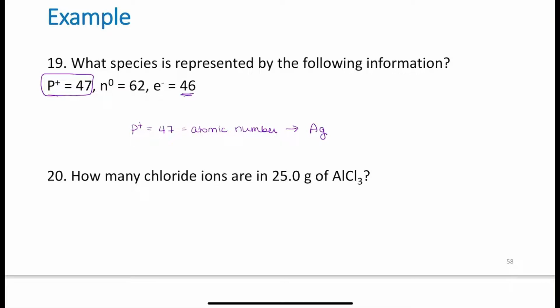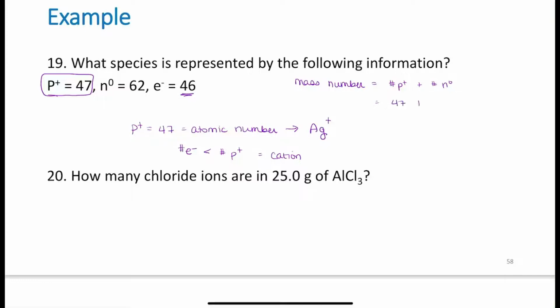I see that I have 1 less electron than proton, which means I have a cation, and it means this has a +1 charge. The last thing I need to do is determine which isotope I have. To get your mass number, it's the number of protons plus the number of neutrons.